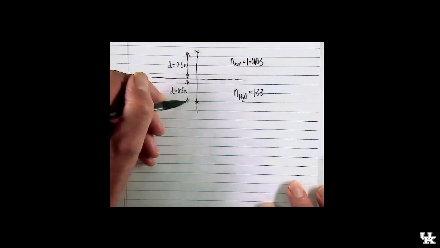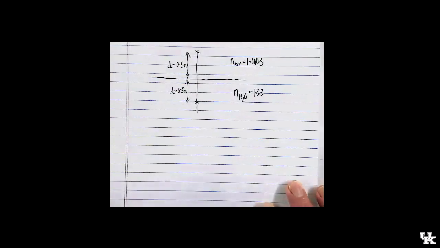Here's the distance, 0.5 meters, that the shark is truly below the surface of the water. Here's the distance, 0.5 meters, that I'm truly above the surface of the water. And we want to figure out where I see the shark's image and where the shark sees my image. I'll do mine first.